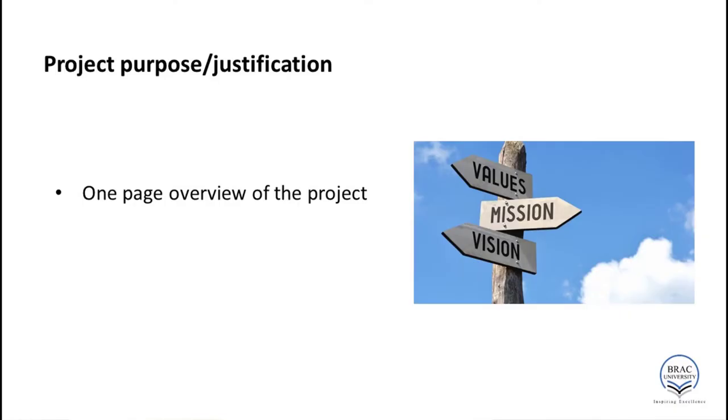The next step is the purpose and justification of the project. You need to start with the justification, like why is this project important and what value it is going to offer. So you might need to give a bit of background about the project and some other information which will then provide a context about why this project will fulfill the need and want on a specific phenomenon.